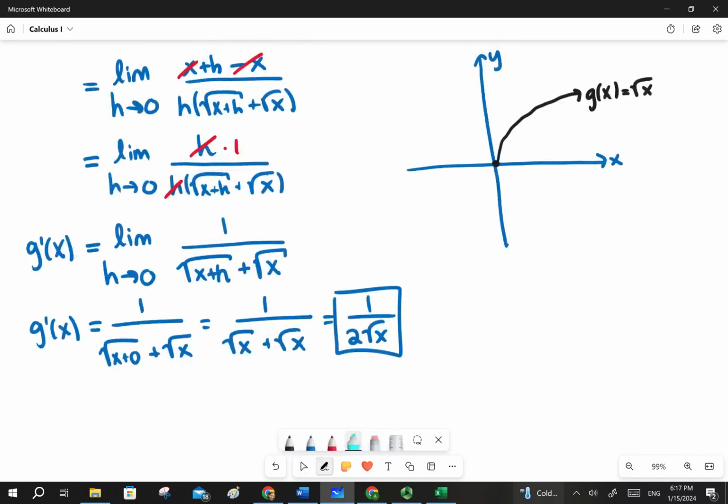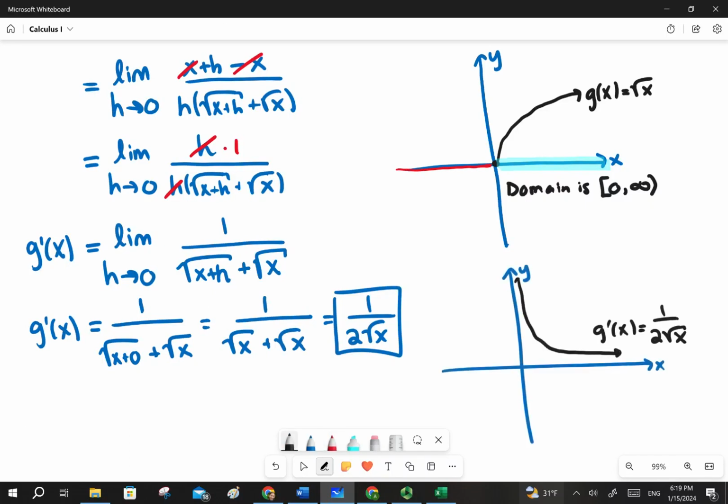Notice that while the domain of the original function, g of x equals the square root of x, is 0 to infinity with 0 included, since the square root of a negative number is not a real number, the domain of g prime of x, the derivative, is slightly smaller, 0 to infinity with 0 not included. 0 is no longer a valid input, since plugging in x equals 0 to 1 over 2 times the square root of x results in 0 in the denominator.